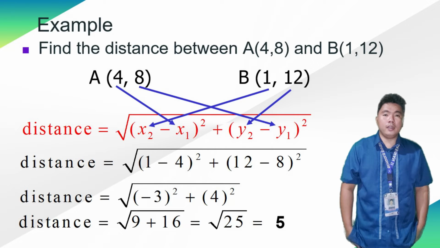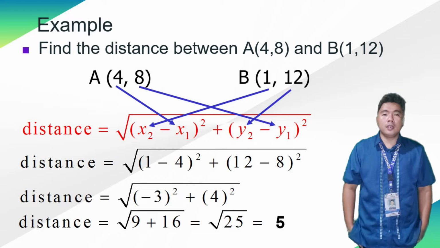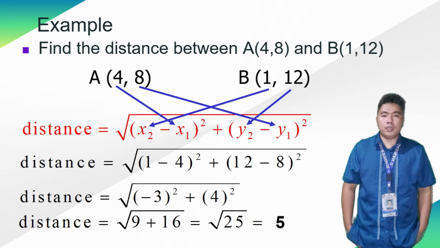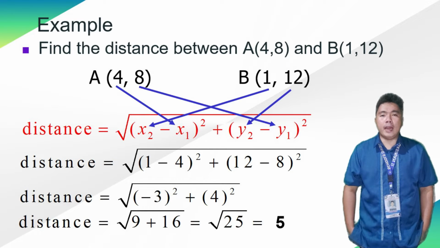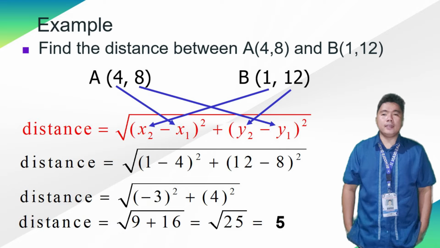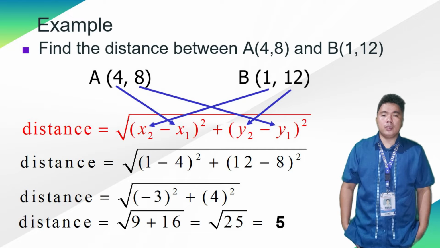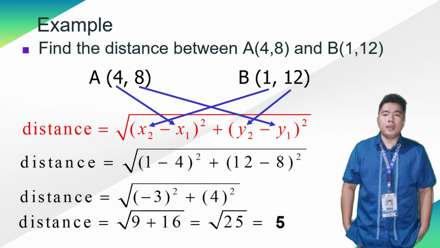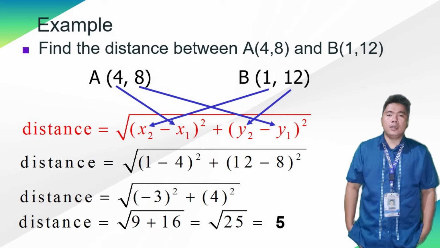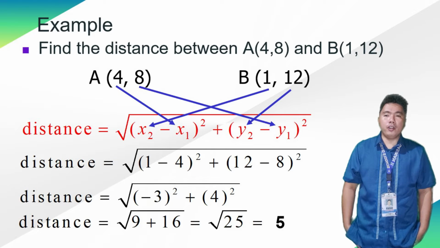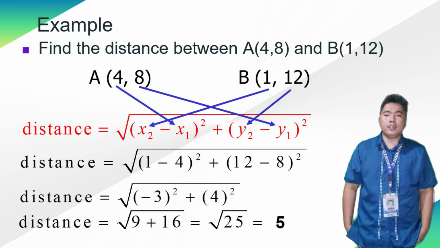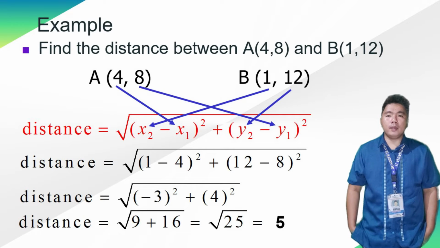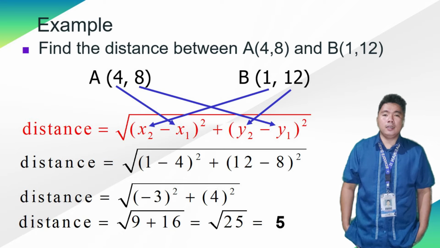By using the 2 points, let's substitute it into the distance formula. So the distance is equal to the square root of the quantity of x sub 2, that will be 1, minus x sub 1, that will be 4, squared, plus the quantity of y sub 2, which is 12, minus y sub 1, which is 8, and then squared.